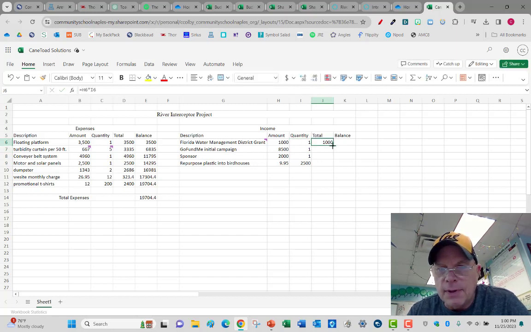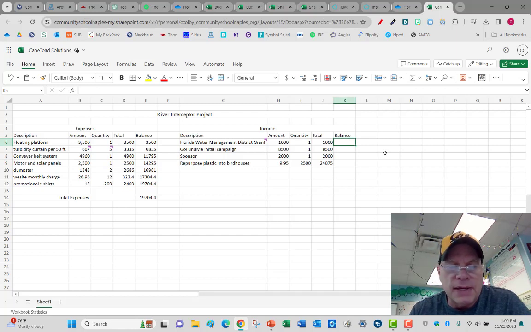And I want that same function for all of my totals. We see that repurposing the plastic into birdhouses earns the most money, 24,000. And when I look at my expenses, I can see that that alone would pay for the interceptor. Again, probably not extremely realistic, but just as a starting point or as an example.